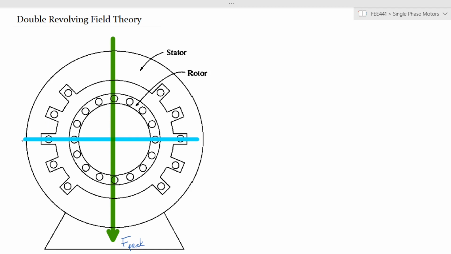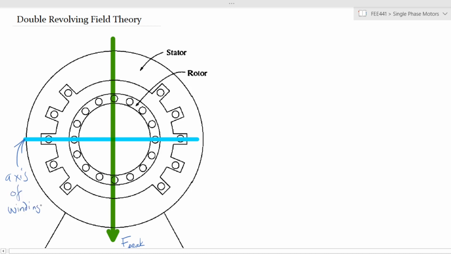Now, if we take this to be the axis of the windings, the windings within the stator, right? Assuming that we have our currents flowing in the directions that are shown.